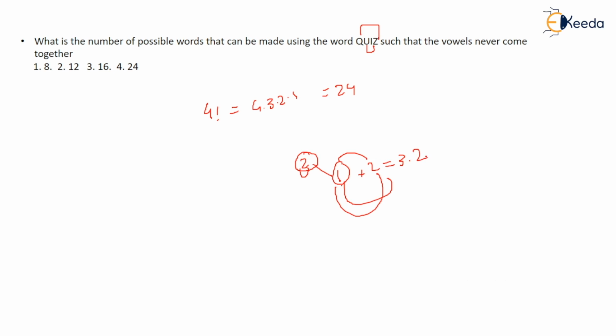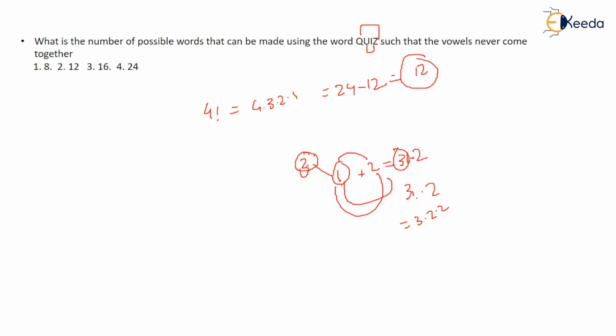So 3 into 2, that is 6. So 3 units can exchange their position in 3 factorial ways, into 2 times, because the vowels can shift their position like this and this. So 3 into 2, that is 6, into 2, that is 12. So if you subtract 12 from 24, you get 12. So 12 are those cases where vowels never come together.